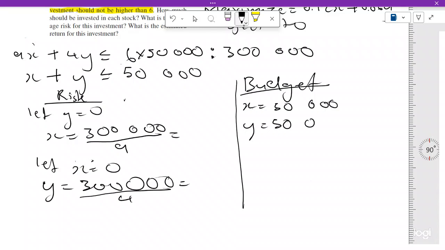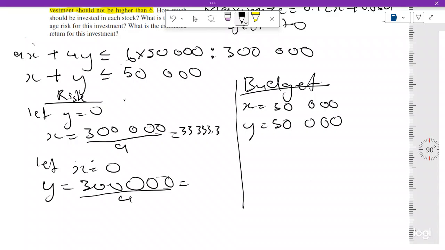If you want to make life easy, simplify this by saying 3 over 8y, which is negative. This one is positive. Then you have your 250,000 divided by 8, which is a combined figure of 31,250. So that's your value of x now.